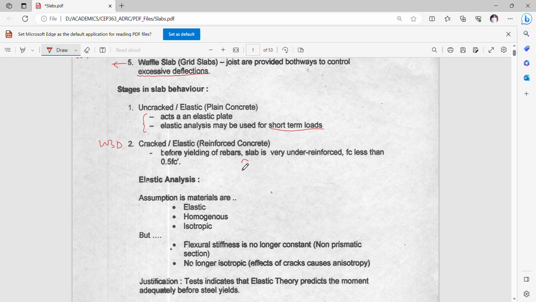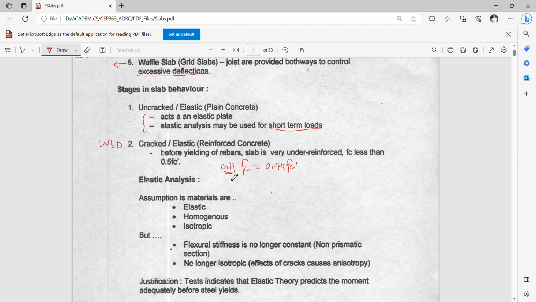And remember the formula for the allowable stress: fc is equal to 0.45 f'c. A slight factor of safety is given to add on this 0.50 f'c in terms of the allowable stress.